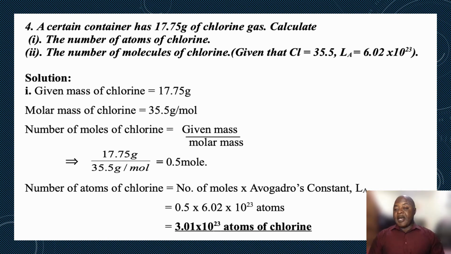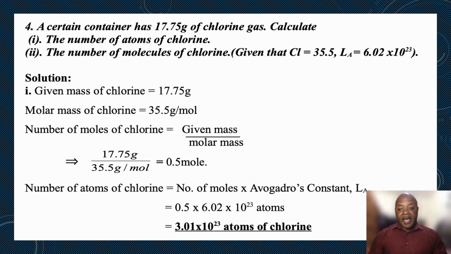But remember that the Avogadro constant, this number, is contained in 1 mole of every substance. In 1 mole of chlorine, 1 mole of iodine, any specific substance will contain this number of specified particles.